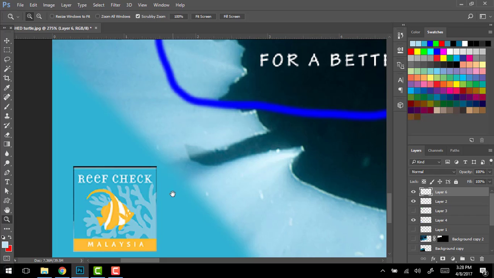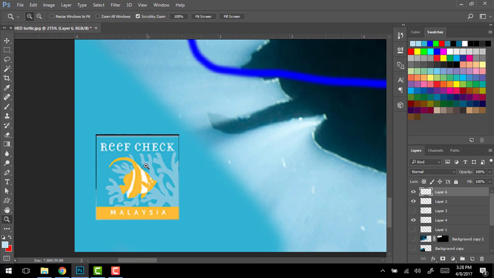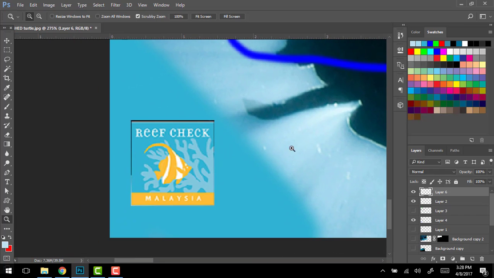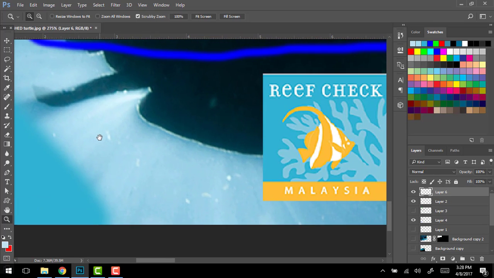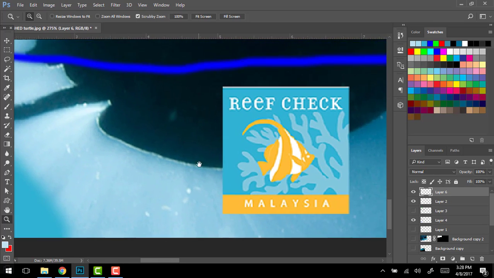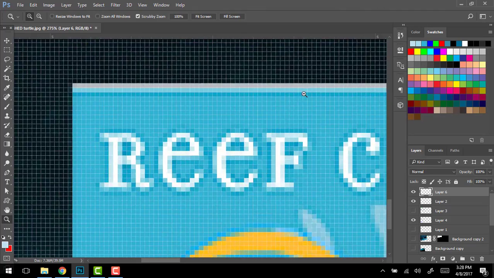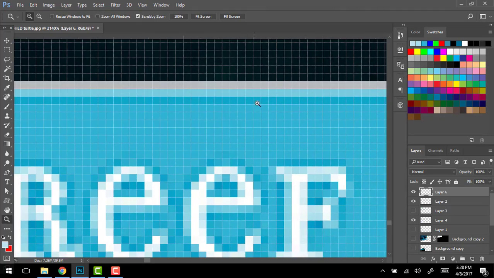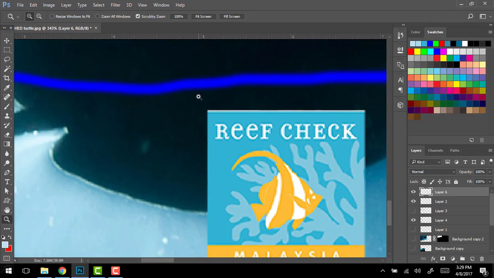And notice, if you look at the logo, let's look at it again. If I can zoom in really big, do you see that that's white there? You have blue, light blue, and then there's a grayish thing going on. That's because Reef Check didn't give us a really high res and quality logo.